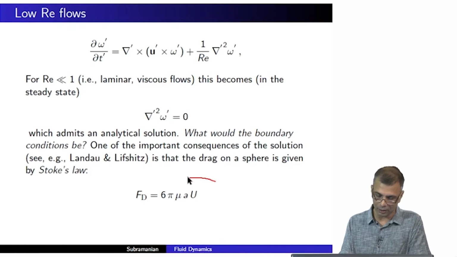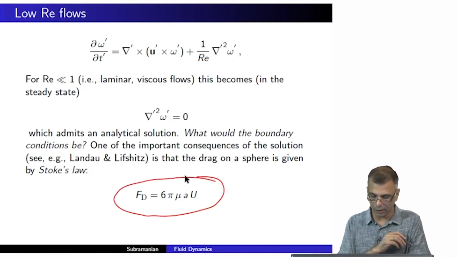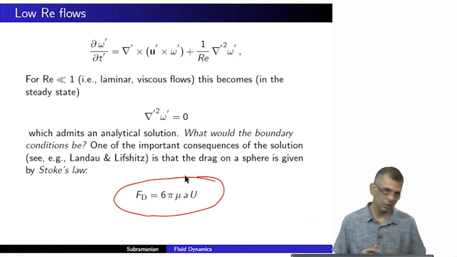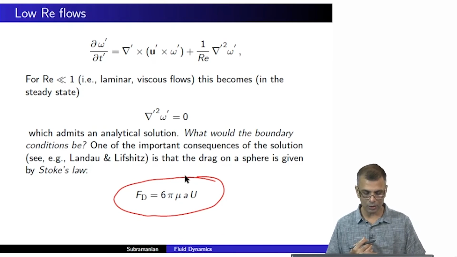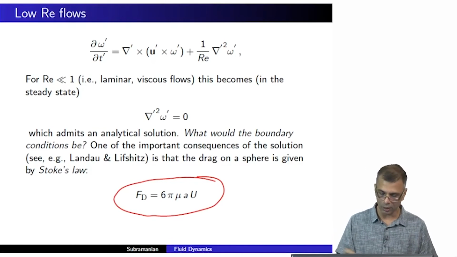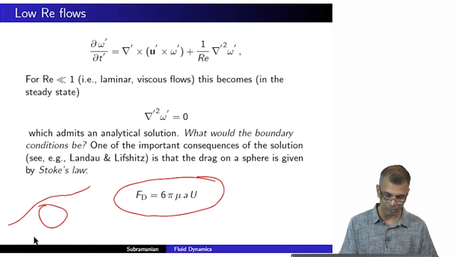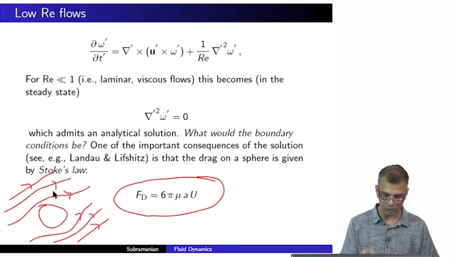Okay, now let's pause for a moment and talk about what this means. Even if you don't recall, that's all right. Imagine a situation where you've got a sphere embedded in a flow. So the flow would look slightly disturbed around the sphere. Very far away from the sphere, the flow is undisturbed, with many other, relatively less disturbed streamlines like this, and so on and so forth.